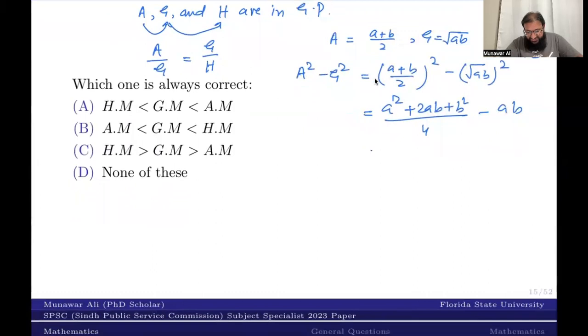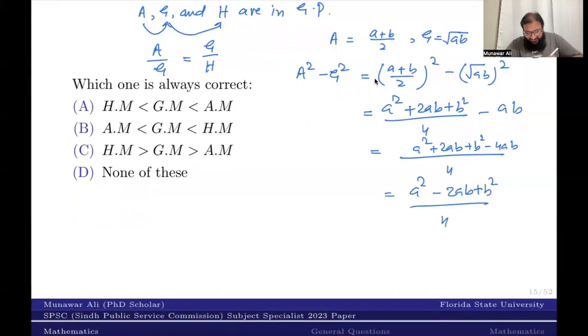And then this becomes A square plus 2AB plus B square minus 4AB, which becomes A square minus 2AB plus B square over 4. And finally, it becomes (A minus B) whole square over 4, which is always greater than 0. So a number squared is always greater than 0.